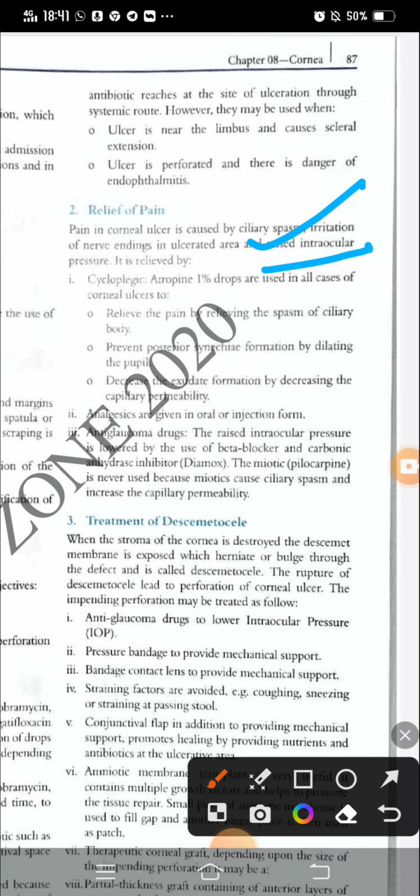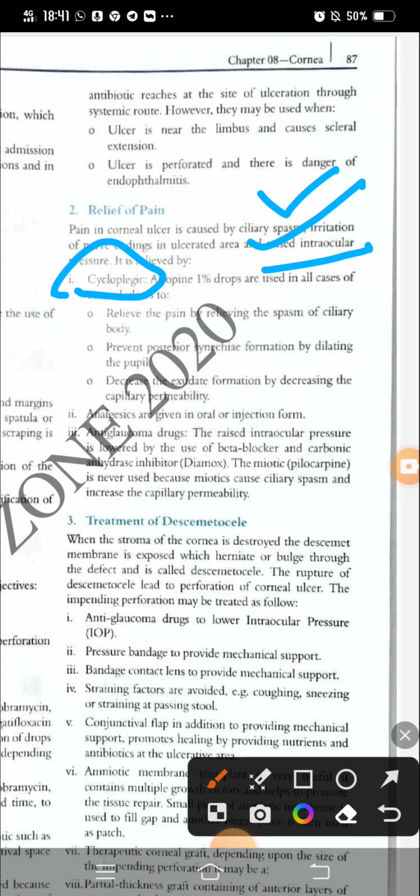You should relieve the ciliary muscle spasm, and you should give cycloplegics like atropine in this case. Atropine is a mydriatic as well as a cycloplegic. Cycloplegic means it causes loss of accommodation. Whenever you do close reading, your eye accommodates, which causes contraction of the ciliary muscles, and the ciliary muscles relax when you look far.